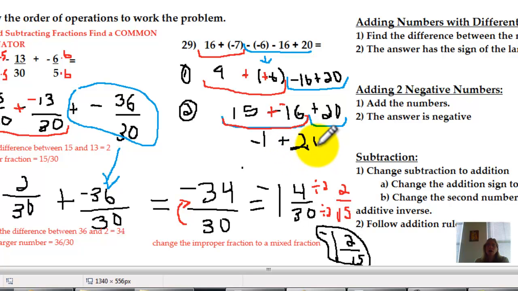Okay, we're adding numbers with different signs, so we find the difference, which is the difference between 20 and 1 is 19, and take the sign of the larger number, which is 20, and that is our answer. It is a positive 19, so that equals 19. Alright, hopefully that's clear.